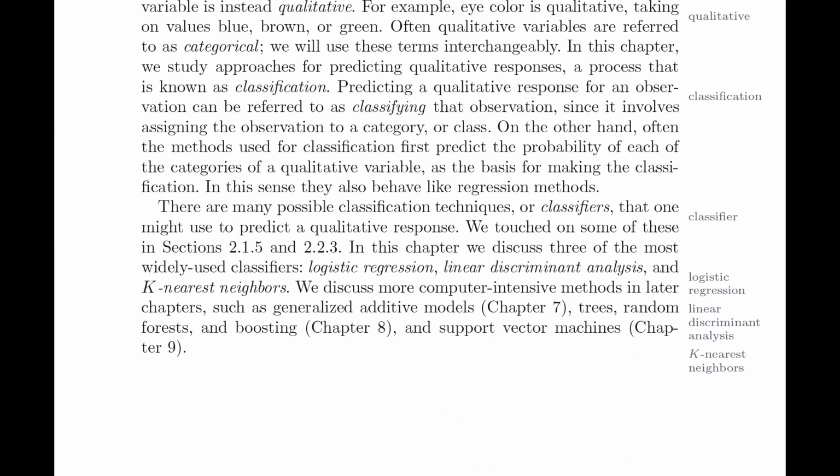In this chapter, we discuss 3 of the most widely used classifiers: logistic regression, hopefully I'm pronouncing that correctly, linear discriminant analysis, and k-nearest neighbors. We discuss more computer-intensive methods in later chapters, such as generalized additive models. That's chapter 7. In chapter 8, we will discuss trees, random forests, and boosting.